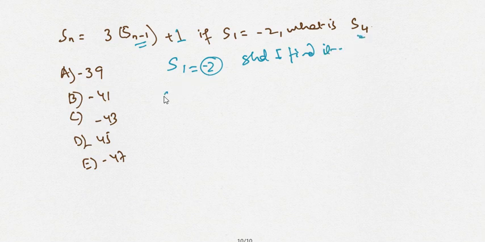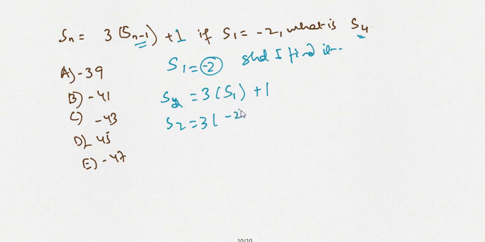Okay, so for S2, S2 will give me a value if I replace S1 over here. So S2 is equivalent to 3 into minus 2 plus 1, and S2 is equal to minus 5.